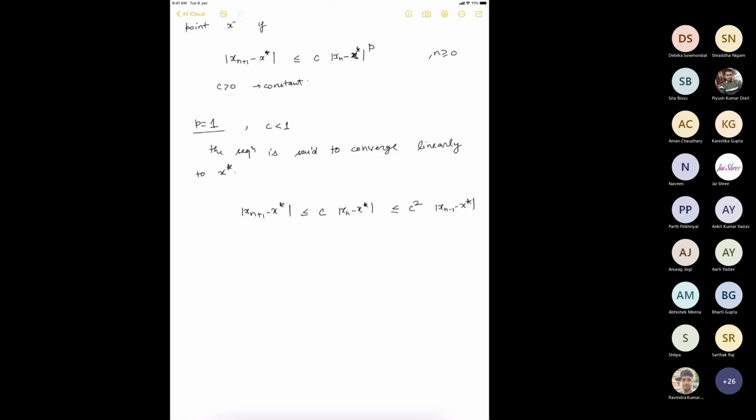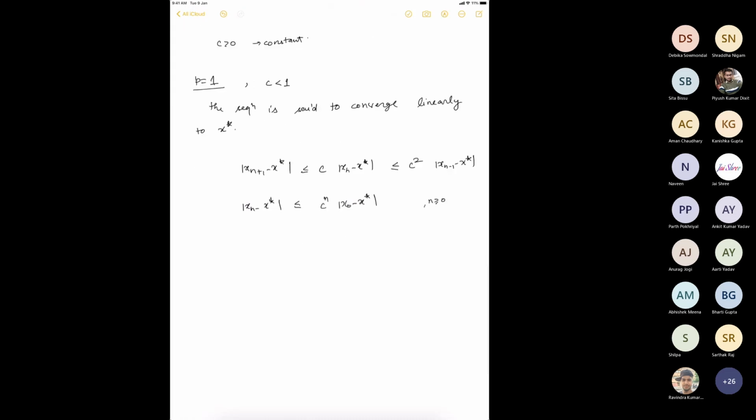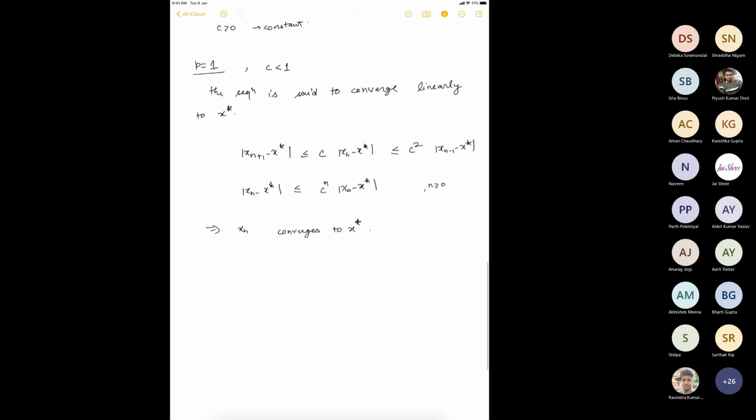Using this by induction, we get that xn minus x star is less than or equal to c raised to power n times x naught minus x star. And your c is strictly less than 1. So this shows that xn converges to x star.